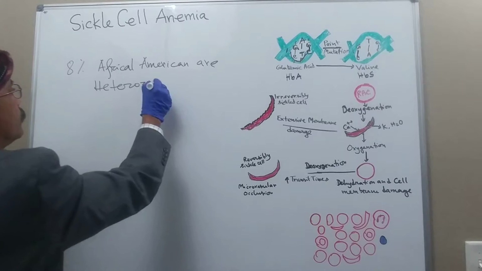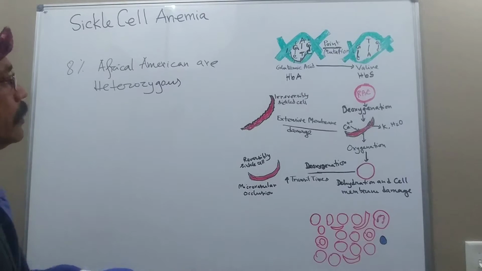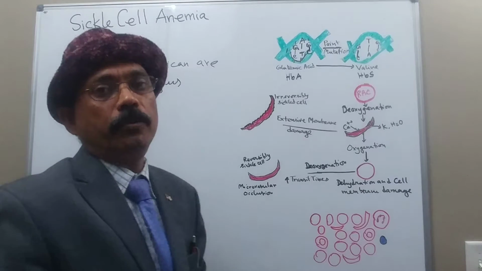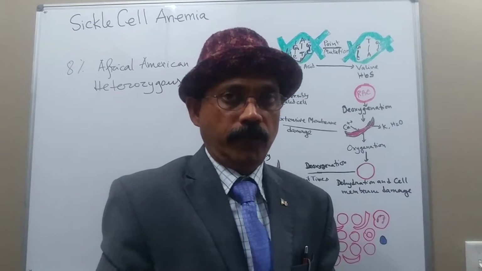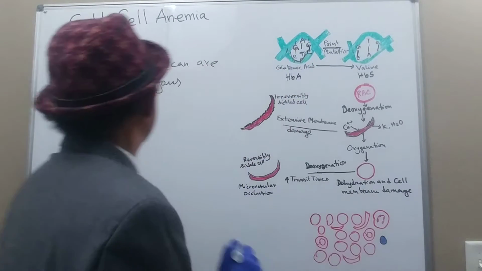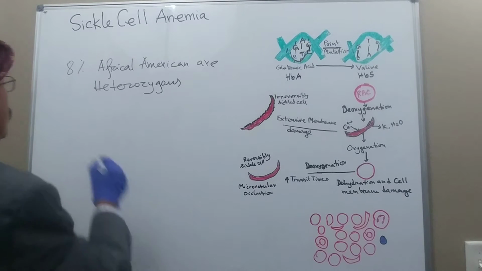That means around 40% of their RBC are sickle cells, and the other 60% are normal cells.